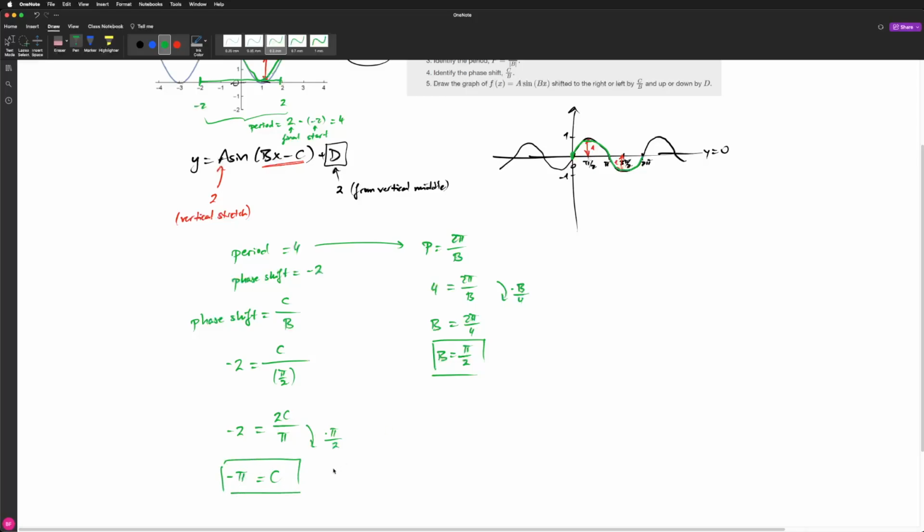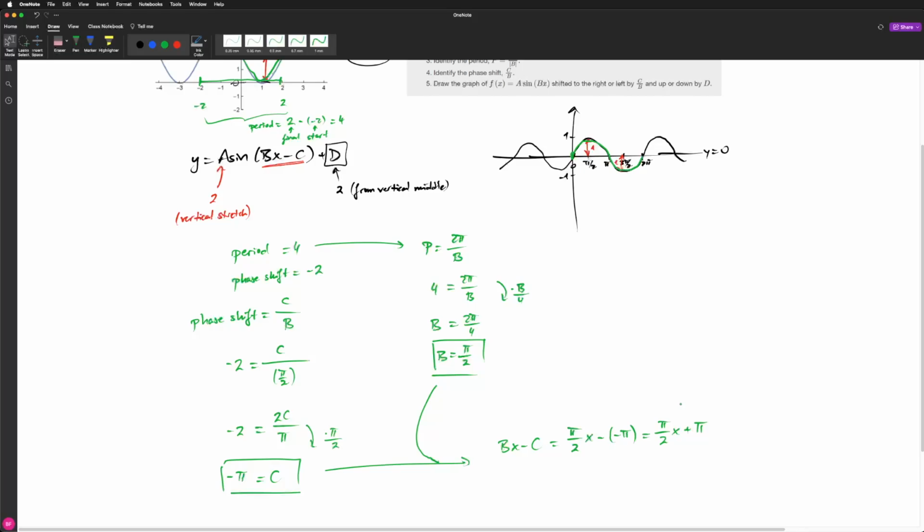And if you can remember those formulas, then you can write what bx minus c would be: pi over 2 x minus negative pi, which is pi over 2 x plus pi.